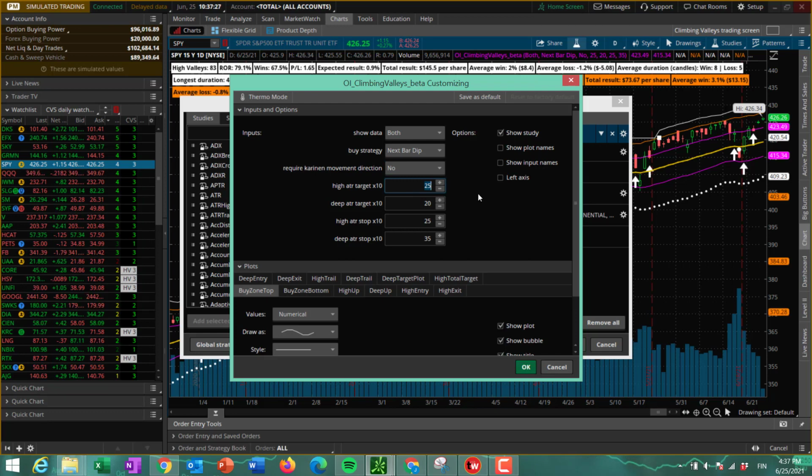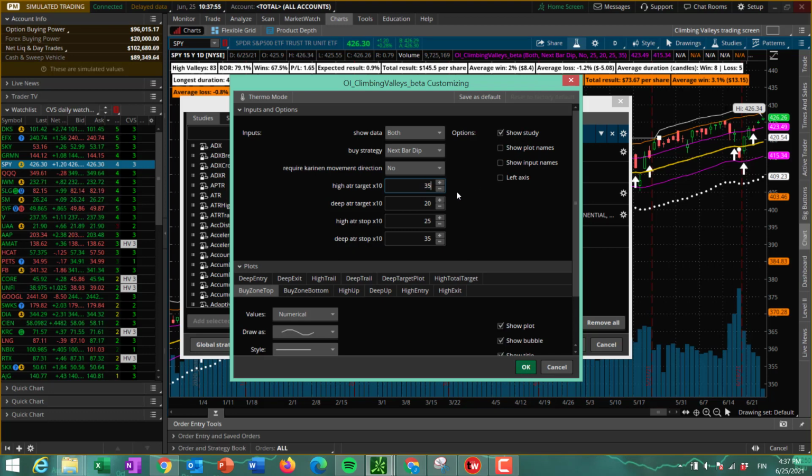That's just 2.5 average true ranges above the center of the buy zone. And you can set different targets for high and deep valleys, and different stop loss levels for high and deep valleys as well. That's what you change here.